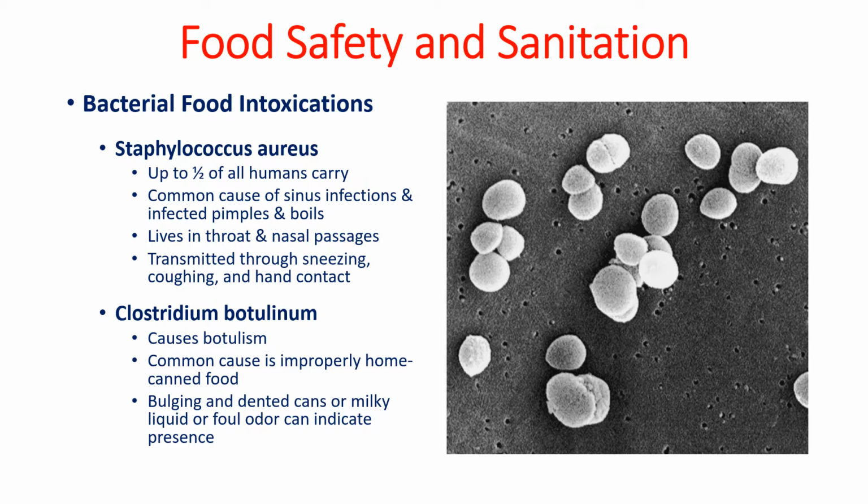The most common cause is improperly home canned foods, but it has been known to be found in commercially canned foods, although that's extremely rare. So the common practice is if you have a can of something and it's bulging or leaking, it's generally best to throw it away because of something like this.